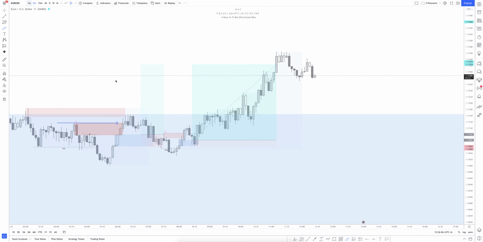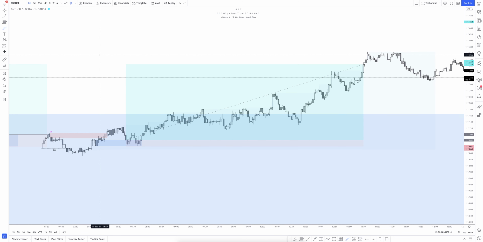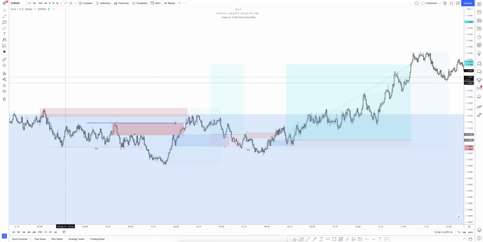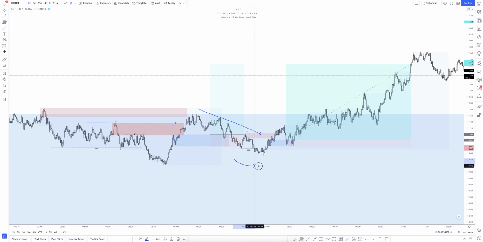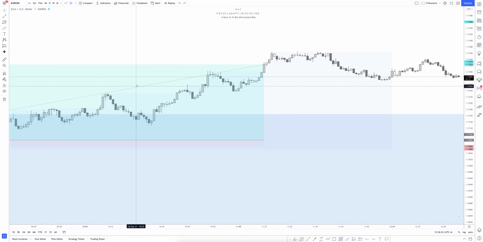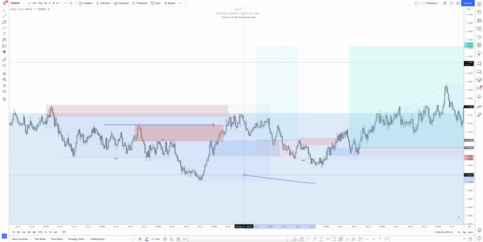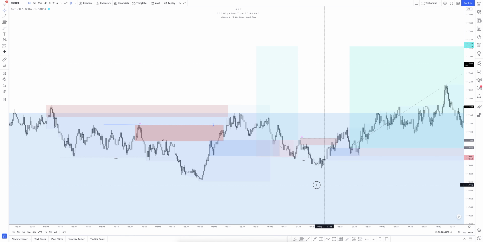If we go to the 1 minute and look inside of this area, we're basically looking for the same exact confluences. I'm just looking for price to finish pushing to the downside and then start to make this push to the upside. Oh, sorry about that, guys.